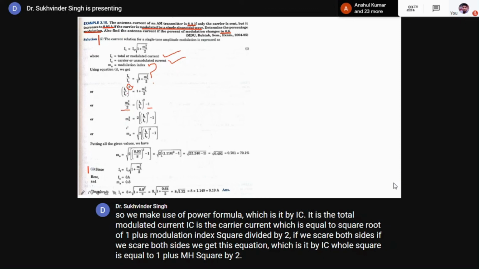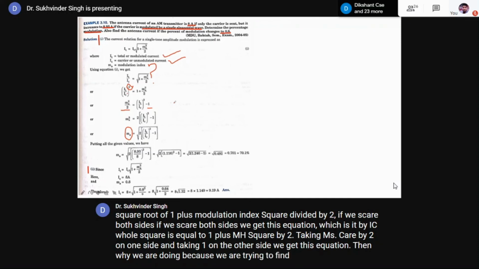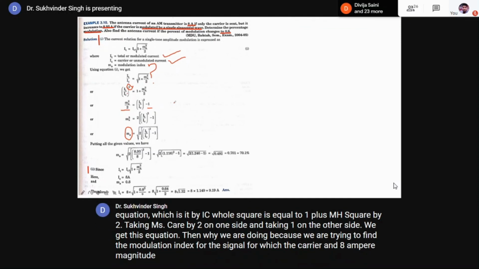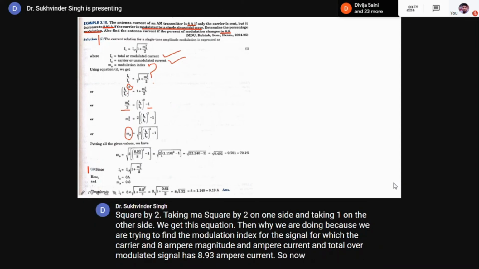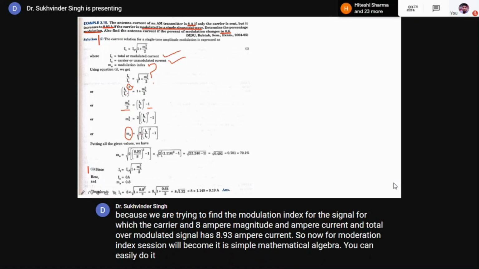Why are we doing this? Because we are trying to find the modulation index for the signal for which the carrier has 8 ampere current, and the total or modulated signal has 8.93 ampere current. So the modulation index will become, it is simple mathematical algebra, you can easily do it, square root of 2 into IT by IC whole square minus 1.